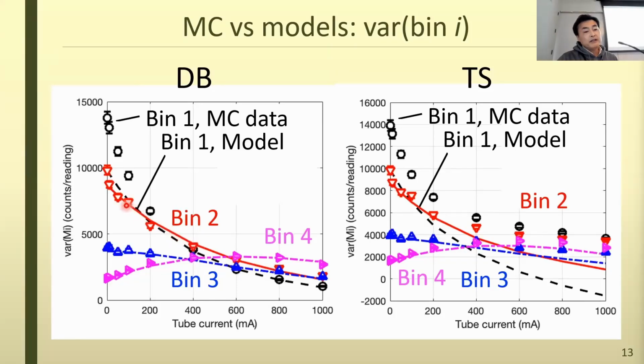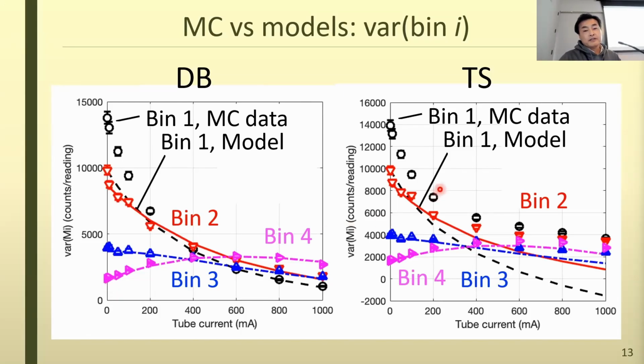For bin 2 in red, the disagreement is smaller to begin with, and throughout the count rate range, the agreement is good. So was bin 3, blue, and bin 4 in magenta. Nice agreement between the actual Monte Carlo data and the statistical model.